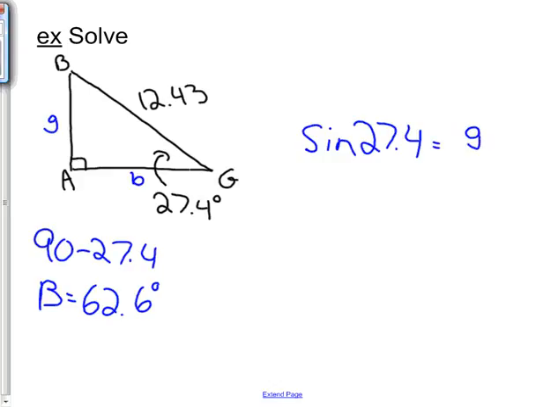Here we have b over the hypotenuse, which is 12.43. And now we want to solve for b. So how do we do that? Yeah, we cross multiply. We put sine 27.4 in our calculator, and then multiply by 12.43 to get it off the bottom there.